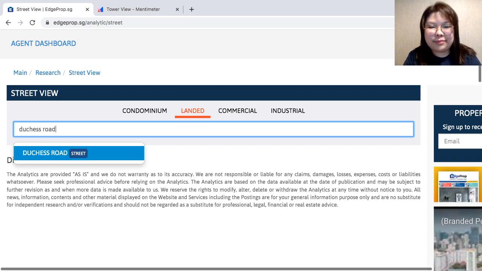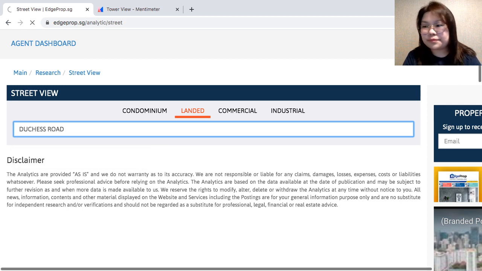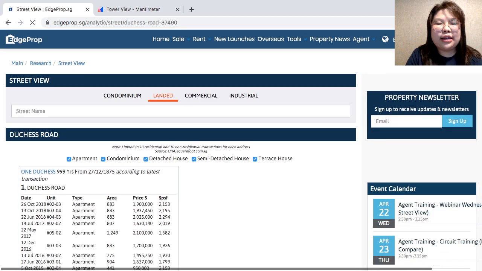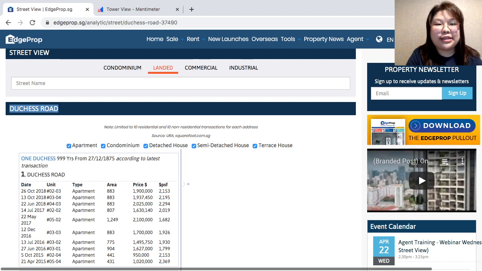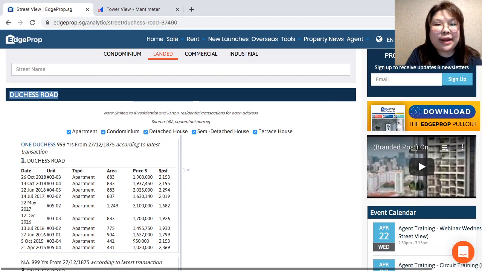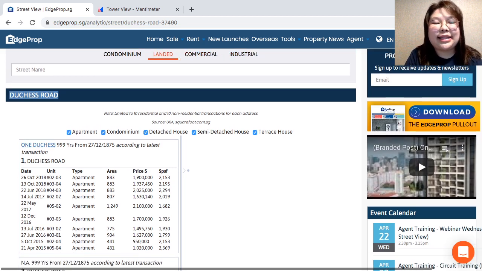So this is an example for landed. If I'm just going to click on the drop down now. Over here, you will notice for Duchess Road, you see that I have loaded Duchess Road already. Apparently, even though I have selected landed property, there are other property types available.